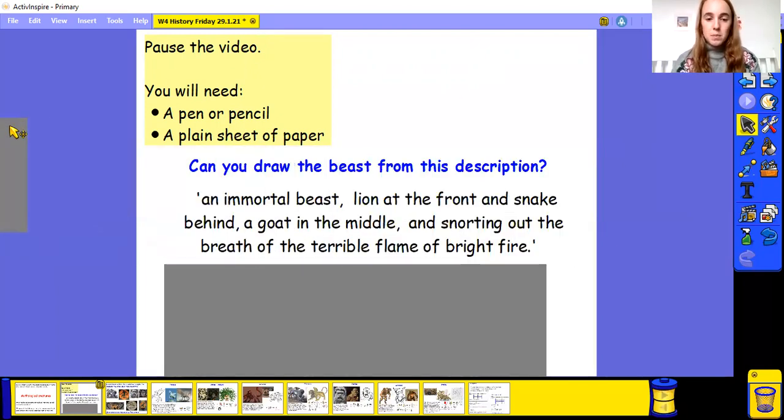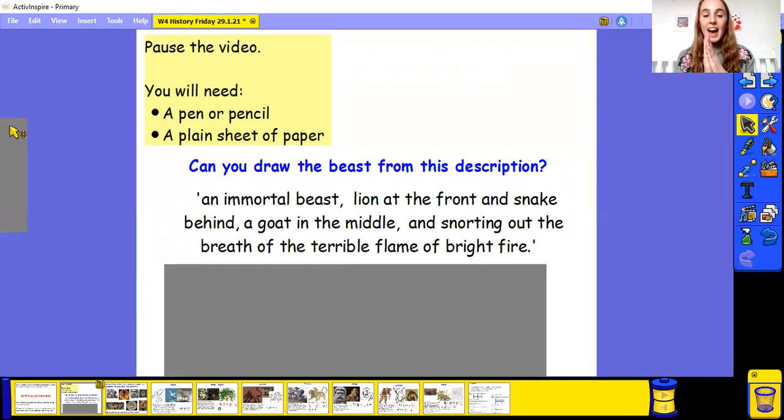So, I would like you to draw an immortal beast, lion at the front. So it's a lion at the front of its body, a snake behind, and a goat in the middle. A lion at the front, a snake behind, and a goat in the middle.